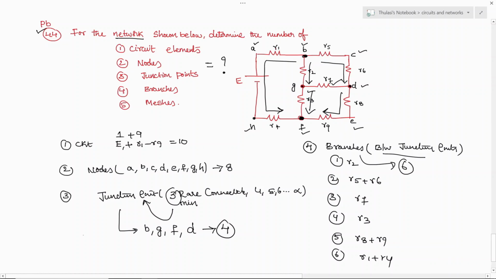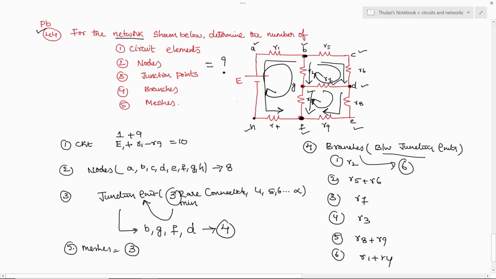Next question is to identify the number of meshes. Here you can directly see this is mesh 1, this is mesh 2, and this is mesh 3. So without calculating, I can tell how many meshes there are: 3 meshes.